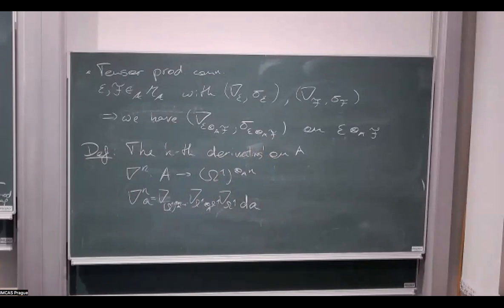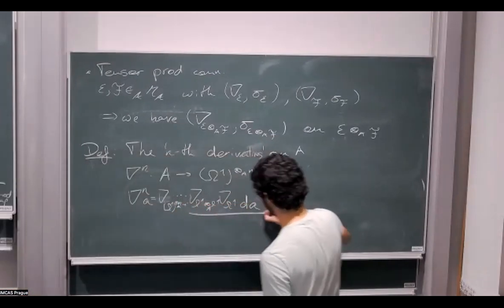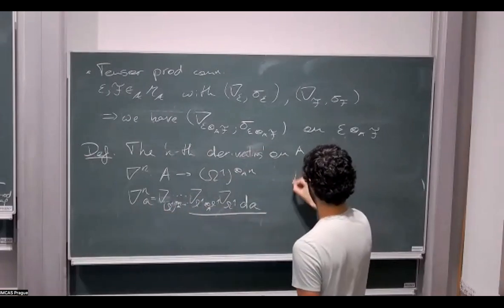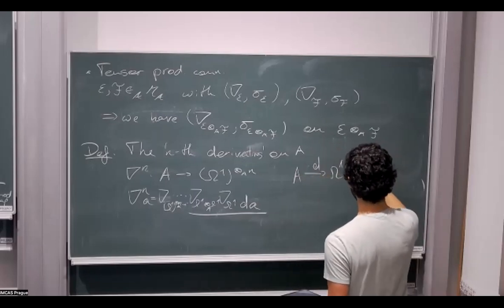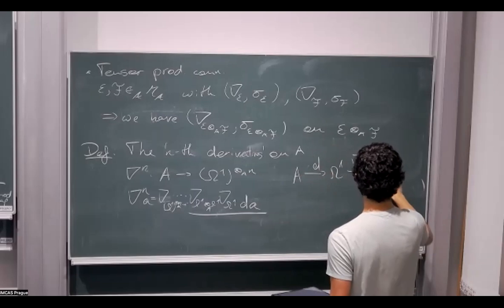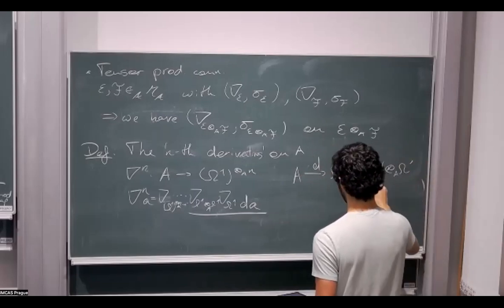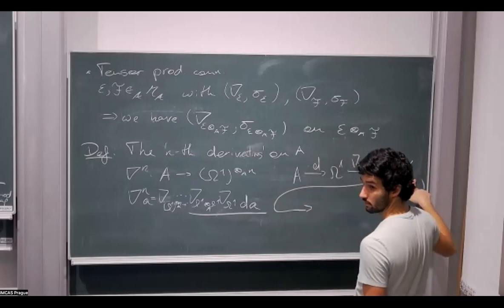Yeah. So this would be what I've written here. What's happening in the end is A goes to omega 1 through d. Then you use the connection to go to omega 1 tensor omega 1. Then you use the connection on this thing.